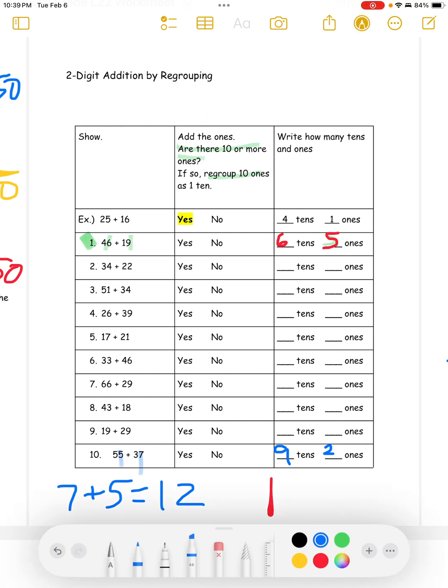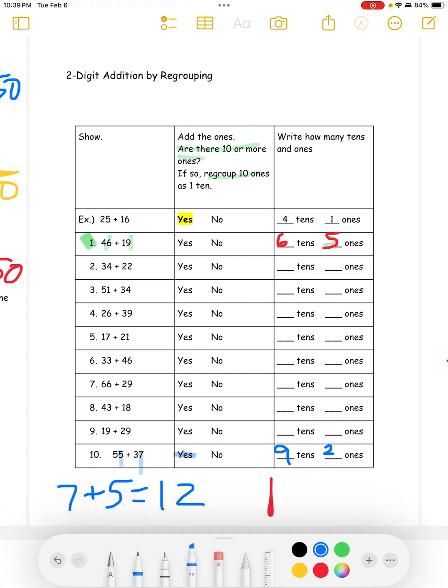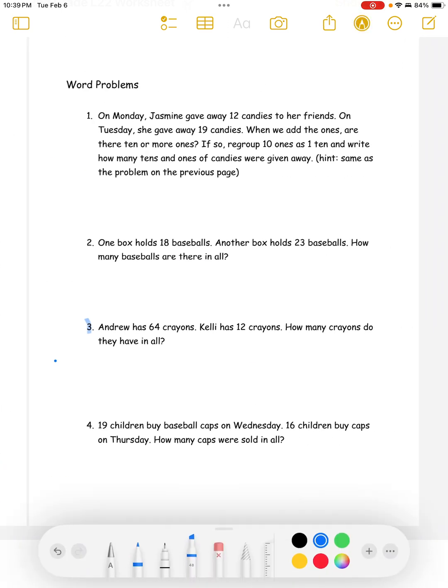Oops, sorry, I forgot to highlight that. There are more than 10 ones, so let's highlight yes. Okay, but moving back here, let's answer the question like the other page. So 64 plus 12.